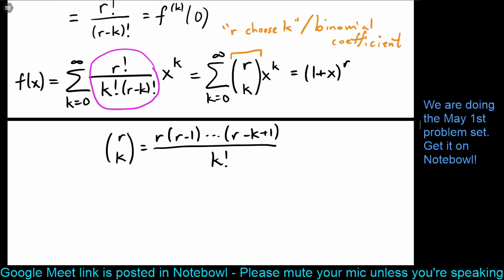But r can be anything for this definition to work out here. So, any questions there? And just a little note here: if k is 0, r choose 0 is always 1. There's always one way to choose nothing, essentially.